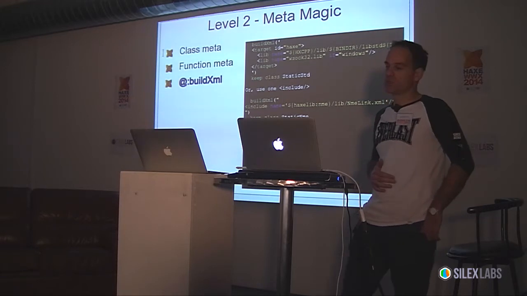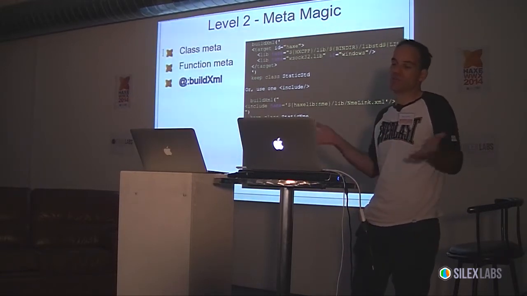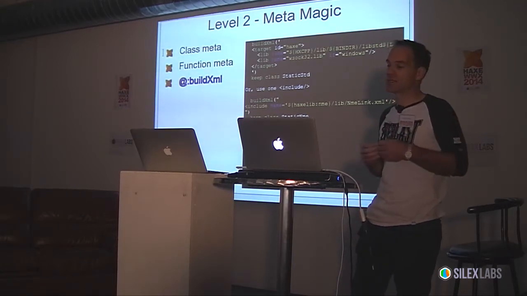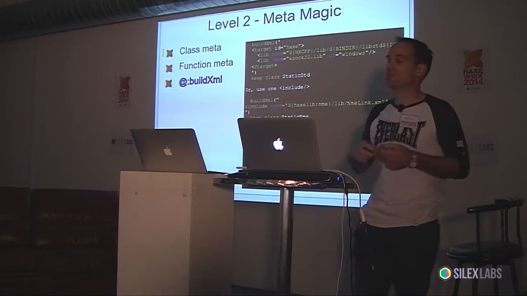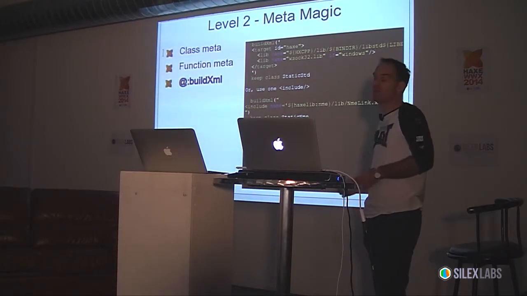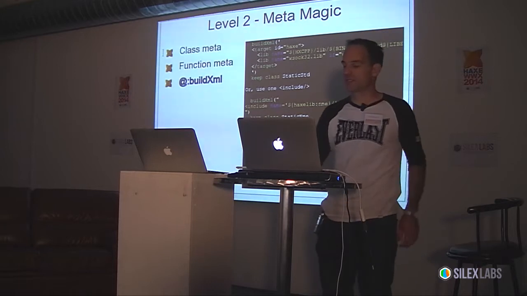It includes the HaxeLib NME/lib/NME link, and then I can put whatever I want in there, add libraries, make things different for different targets. This is build.xml syntax with the $HaxeLib NME here. That just looks up HaxeLib and finds the path. So there's a few things with the build.xml file syntax that can help you there.